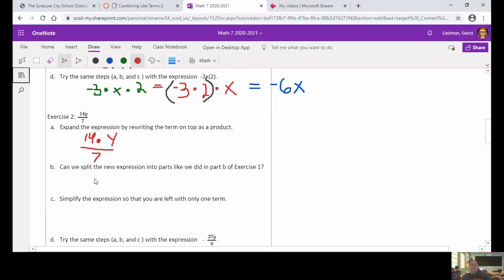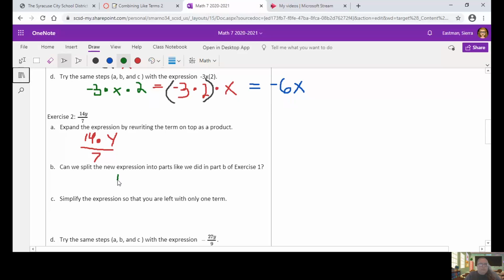Step B is asking if we can split the new expression into parts, like we did in part B of exercise 1. So could we put parentheses on the part that we wanted to divide first? And the answer is that we can.